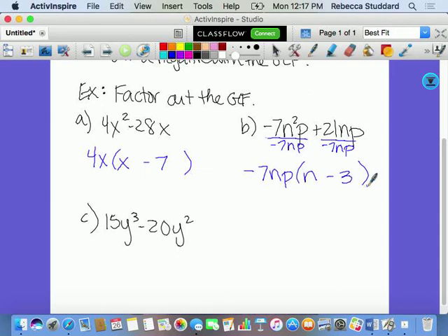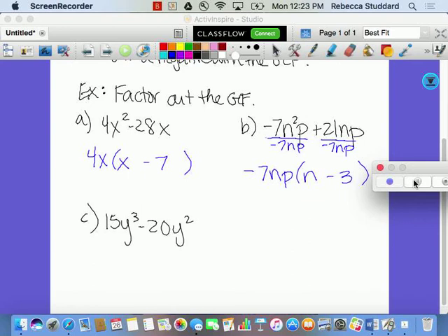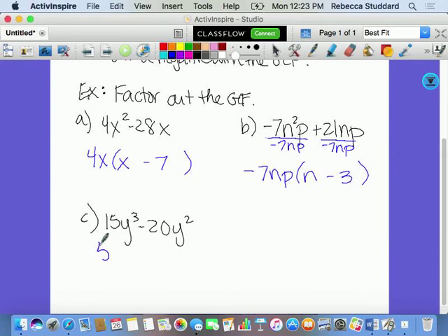All right, you try the last one. I hope that you found the GCF to be 5y squared. Okay, when you have variables, remember we go with the smallest exponent because this one has 3, this one has 2. So how many could they have in common?